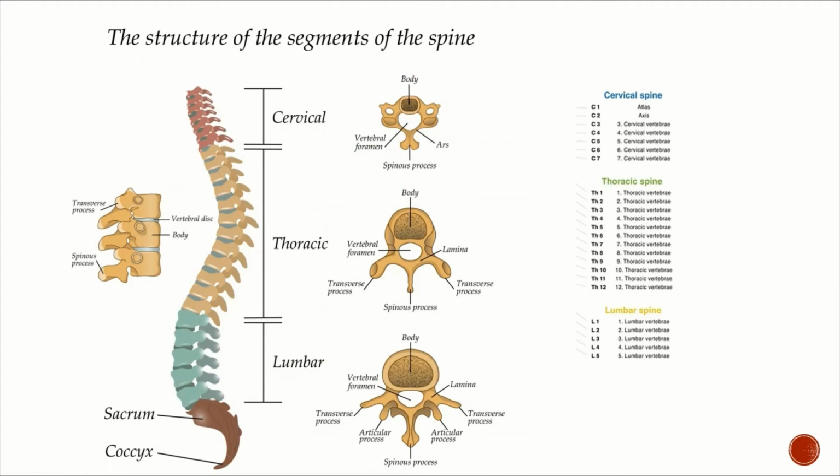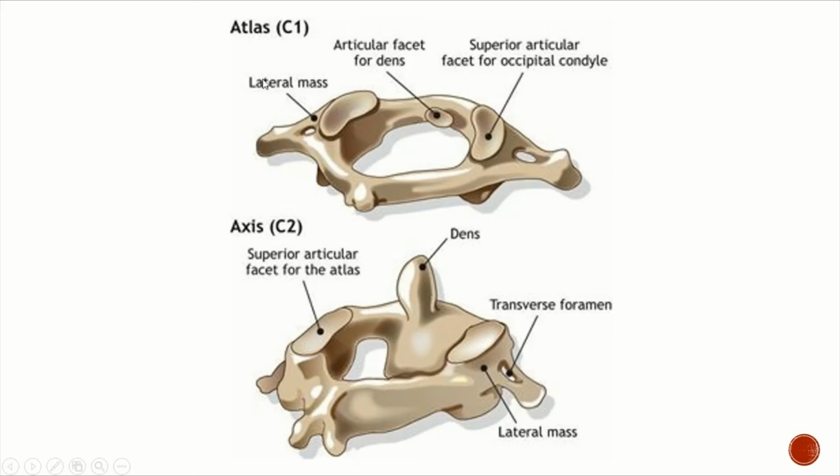Now we have the spine. The spine is made up of vertebrae. We number those vertebrae, and the first two are special. They're called atlas and axis. These are the divisions: we have cervical spine, thoracic, lumbar vertebrae, then sacrum and coccyx. This is the first two, atlas and axis.